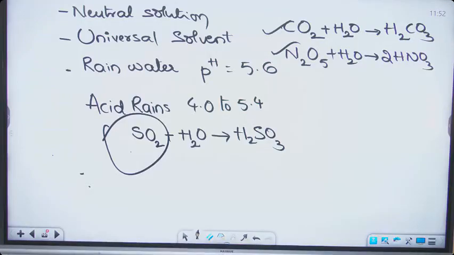Example question ela vastu ala rapichanu. Rainwater is acidic because of the presence of oxides of sulfur along with oxides of carbon and nitrogen. Now that is the reason why rainwater is acidic ani anta.